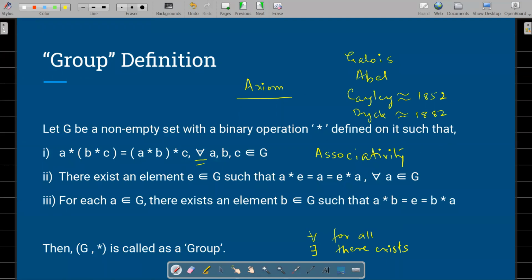So a plus 0 is a, and 0 we call the identity for addition. Or any number times 1 is itself, so a times 1 is a, and 1 is called the multiplicative identity. Such an element E is called the identity.